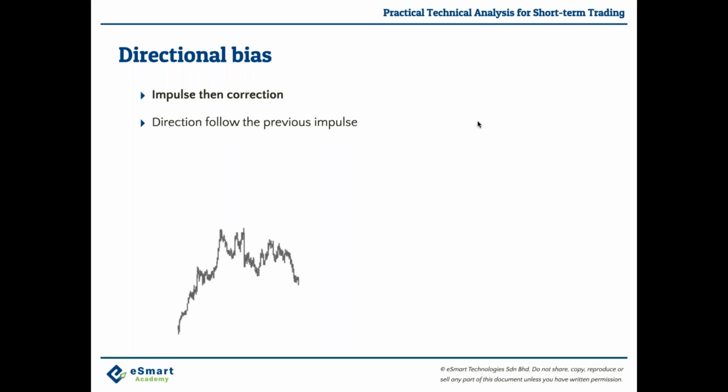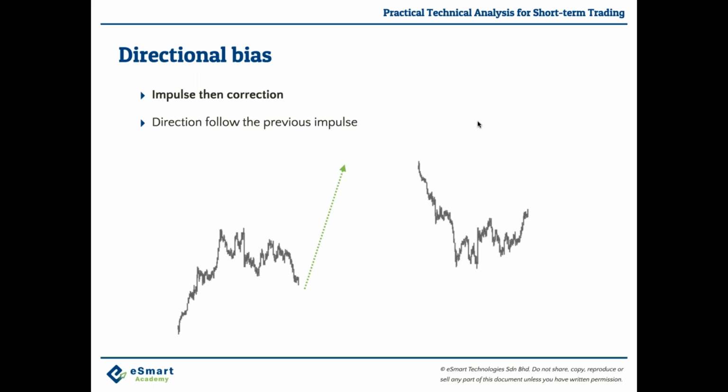Every time we see a combination like that, we have a very clear directional bias. There is a high probability, about 60 to 70% of the time, that the next move is going to continue to the upside, following the previous impulse. In other words, if you see an impulse then correction combination, you want to be bullish, focusing on buy opportunities.